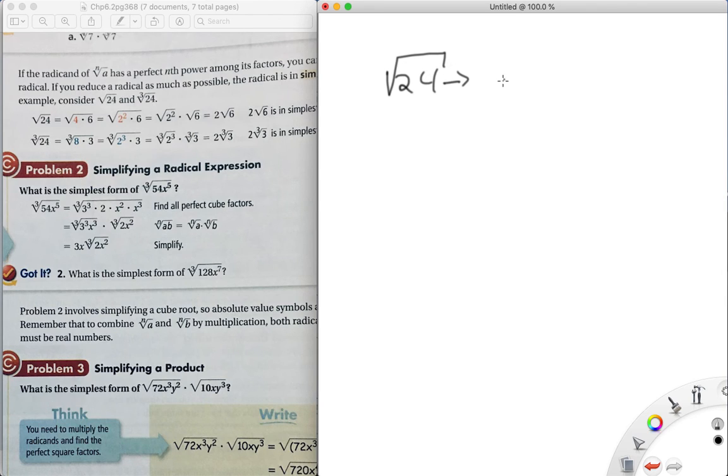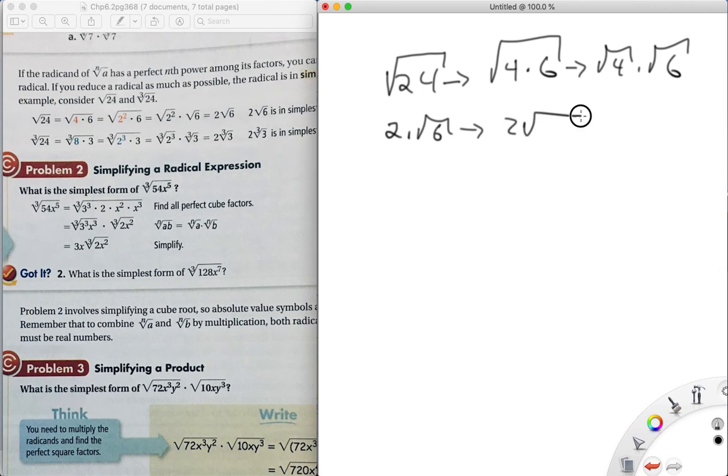So this would be 4 times 6, as 4 times 6 is 24, right? And then we can separate those out. Square root of 4 times the square root of 6. And the square root of 4 is 2, times the square root of 6. And we would say that in simplest form or reduced form, it would be 2 square root of 6.